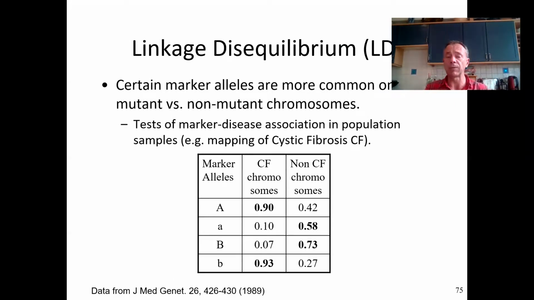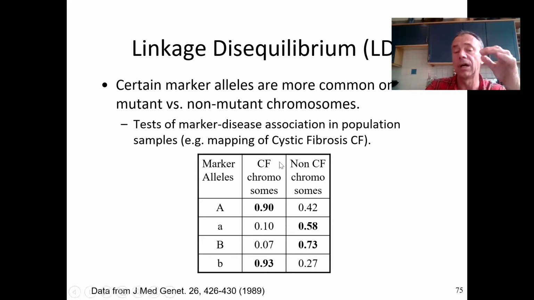So linkage disequilibrium, we can define it specifically as a situation where the frequencies of alleles at one polymorphic locus are different according to the allele of the locus of interest.